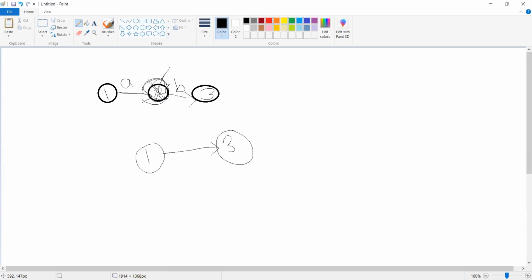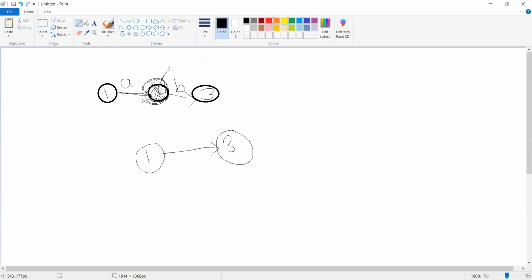Once we remove this state 2, please have a look at this. Whenever you are going to remove a state, there is a possibility that this state will have many outgoing edges. Please listen carefully. Whenever you remove any state, look at how many incoming transitions and how many outgoing transitions there are.